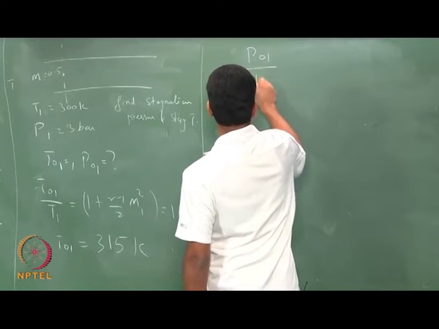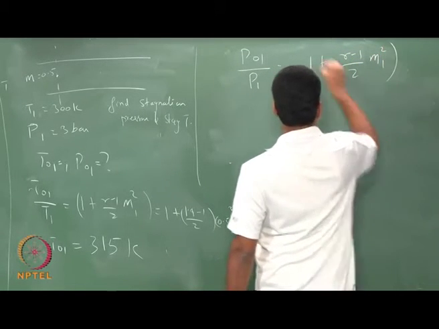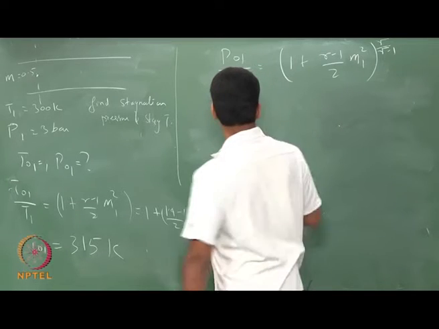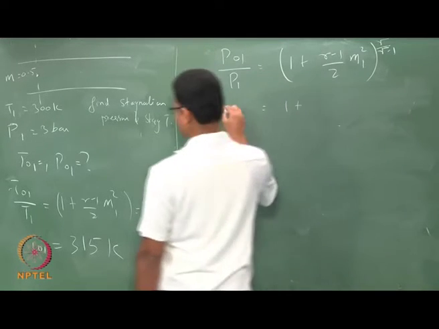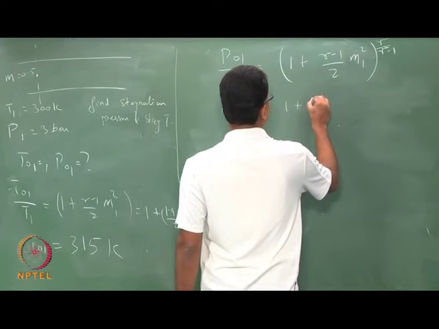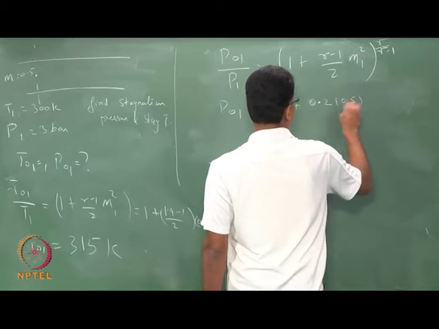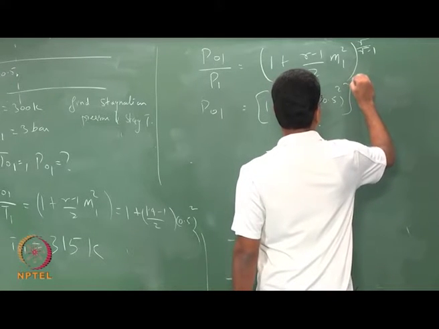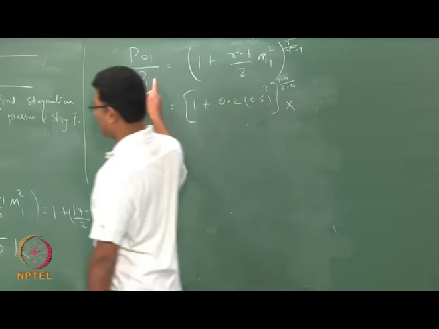So, P01 by P1 is 1 plus gamma minus 1 by 2 into M1 square to the power gamma by gamma minus 1, which is 1 plus 0.2 into 0.5 the whole square to the power 1.4 divided by 0.4, into static pressure, which is 3 bar.